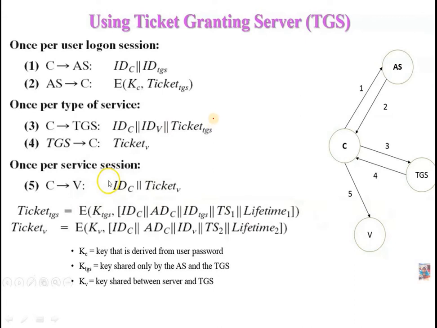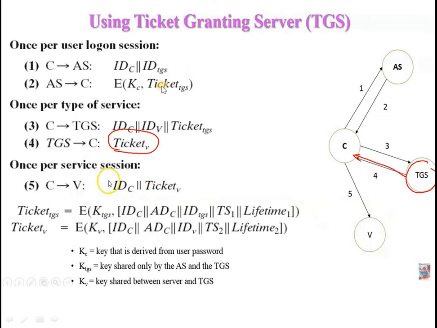Once the TGS receives this information, it generates a ticket V, and that ticket V is sent back to the client.